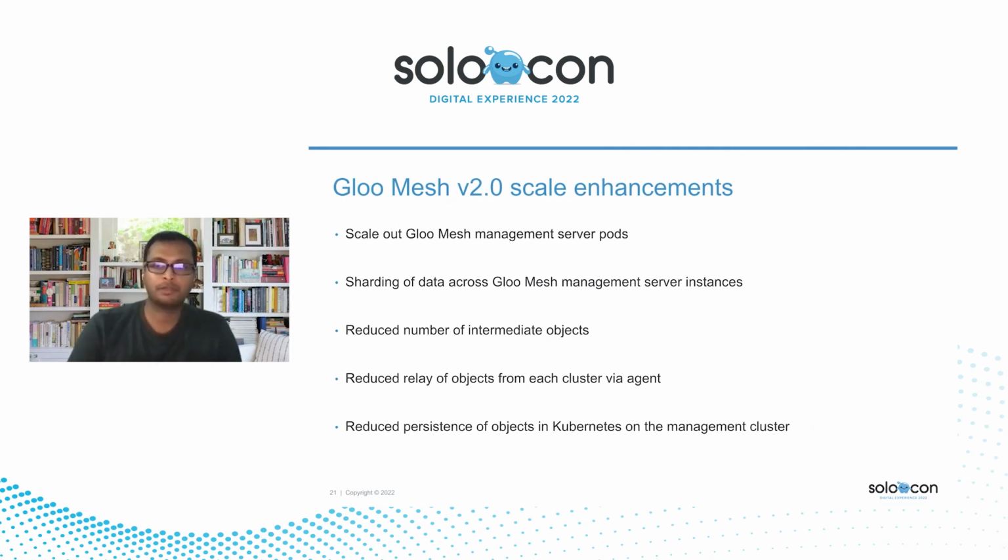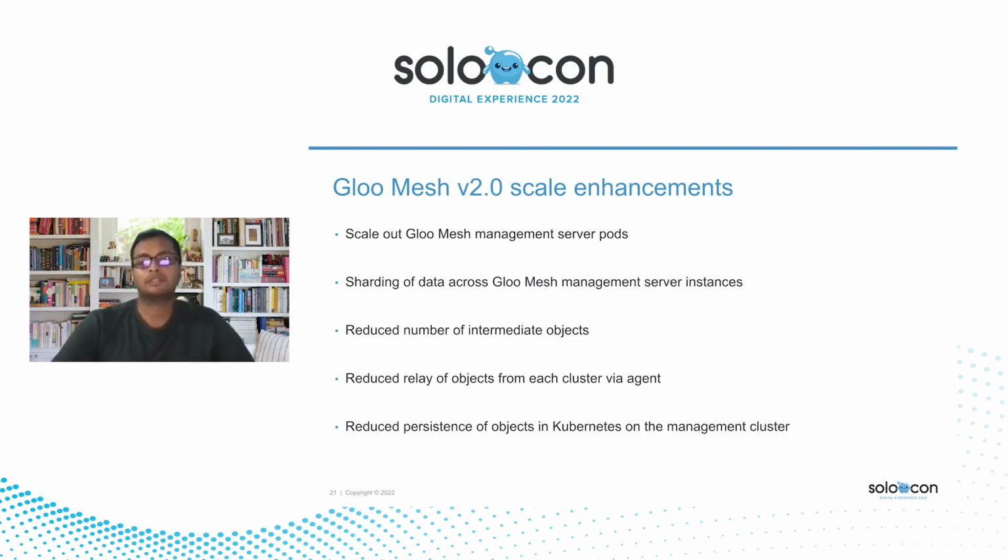We have reduced the number of intermediate objects that we are creating, more importantly, that we are persisting. That helps us make sure we can do translation quickly at scale. We are reducing the relay of objects to the point whatever is needed, those are the objects that are transported from each cluster. That saves some bandwidth and also churn time in terms of processing.